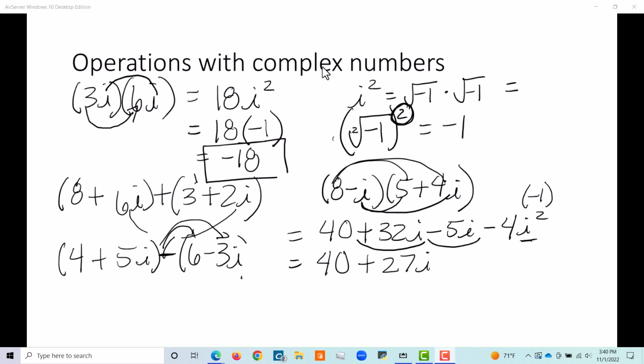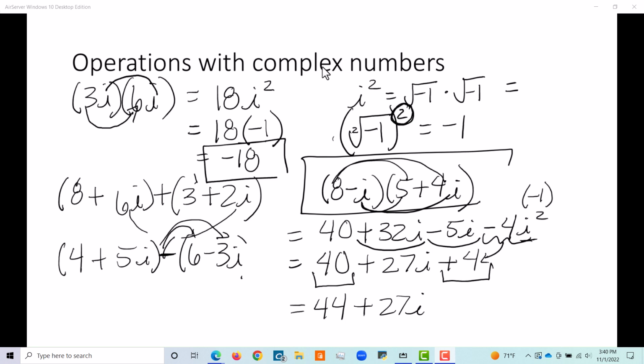So negative 1 times negative 4 will become positive 4. And now I can combine these like terms. So this became this.